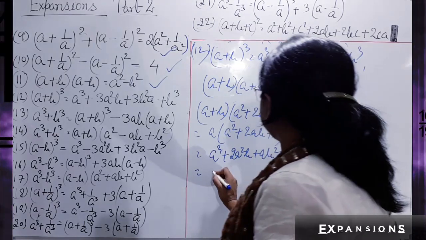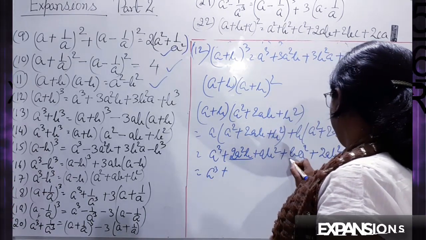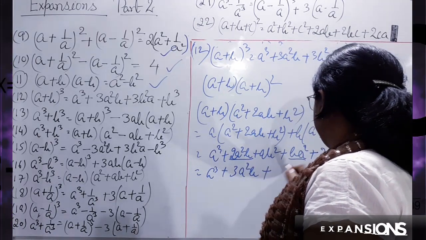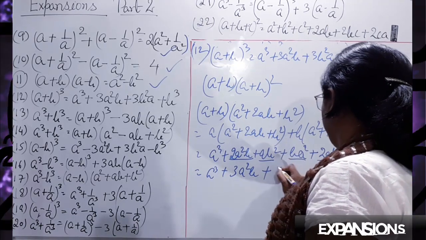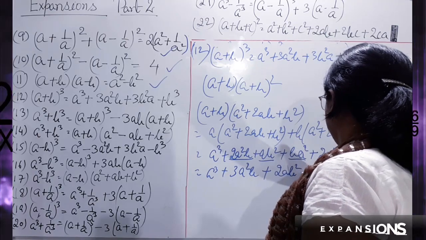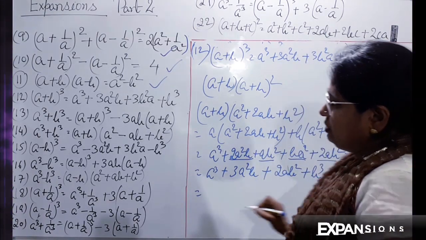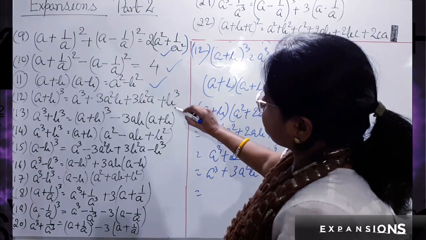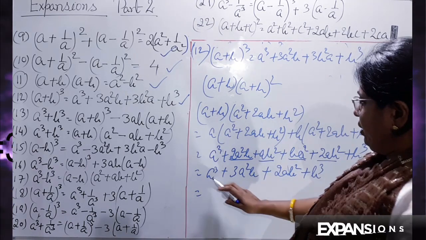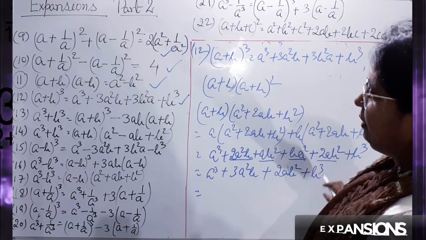Now we can write a cube plus 2a square b and ba square, it is 3a square b plus ab square, and 2ab square plus b cube. It is your identity number 12.